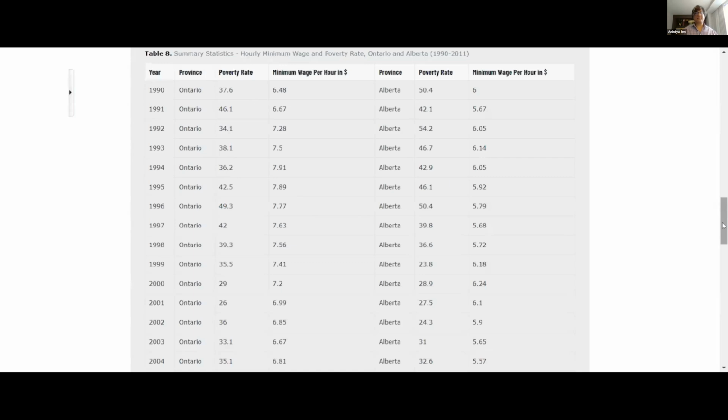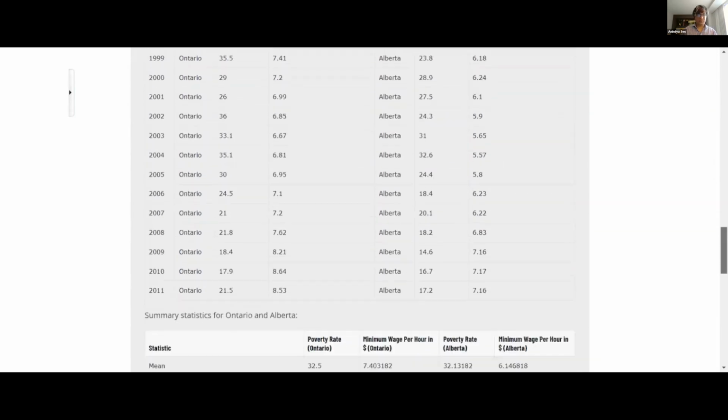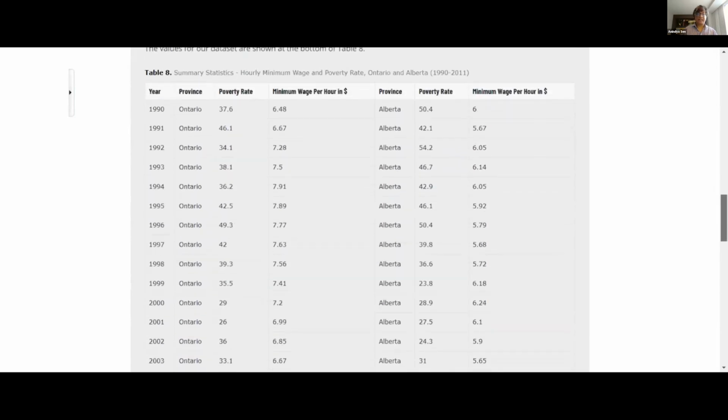And so that'll help us to tell the story before we begin our more complex analysis. When I look at the data in front of me, I notice some interesting trends. The first thing is that for quite a few years, the poverty rate in Alberta seems to be higher than in Ontario.